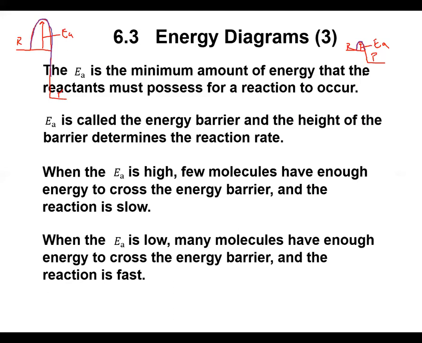So when you think about how fast the reaction occurs, which is sometimes referred to as the rate of a reaction, the rate is determined really by the activation energy. So the larger the hill, the slower the reaction would be, compared to one with a smaller activation energy.